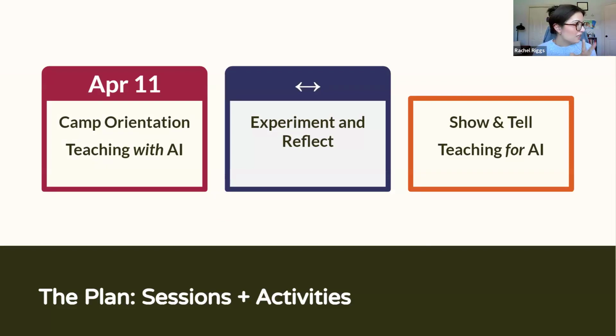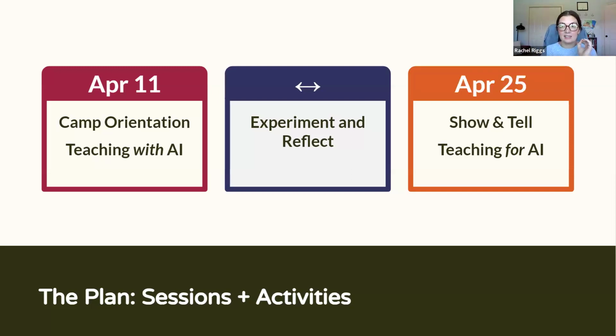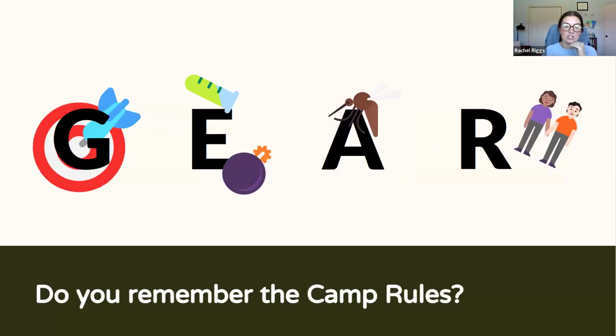We had 3 submissions of the Camp GPT worksheet. Some of you experimented and submitted your prompts and reflections on the Padlet or by email. So thank you if you did that. And today, like I said, we'll do show and tell and then get into teaching for AI.